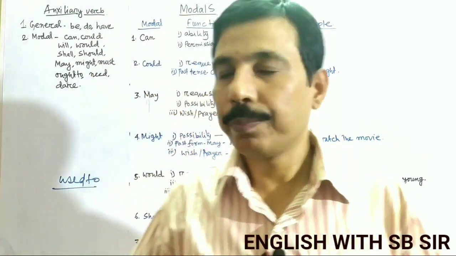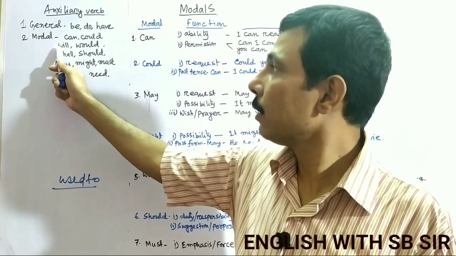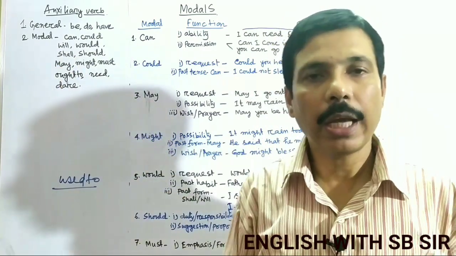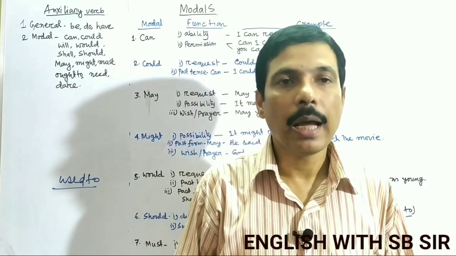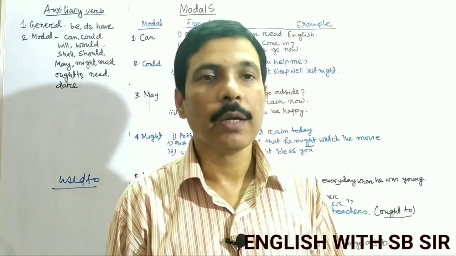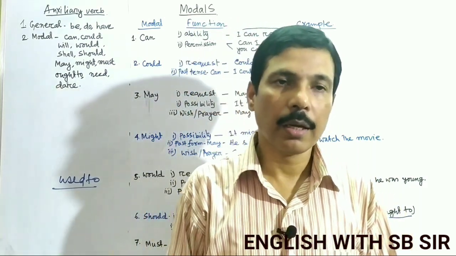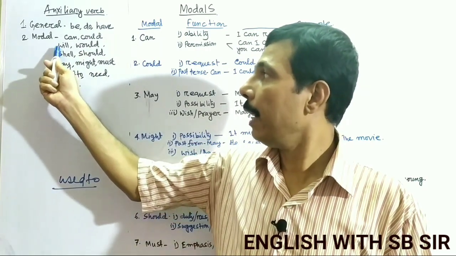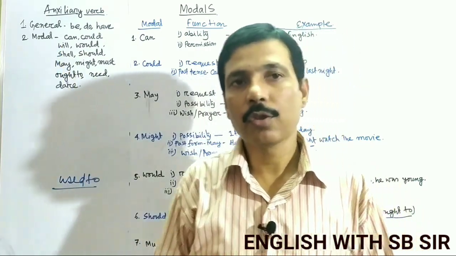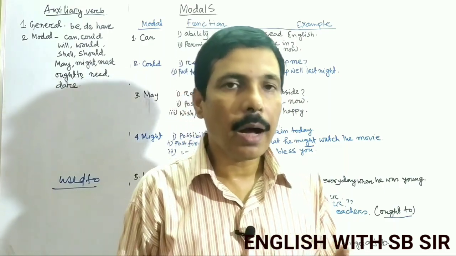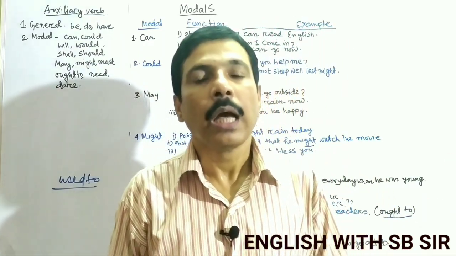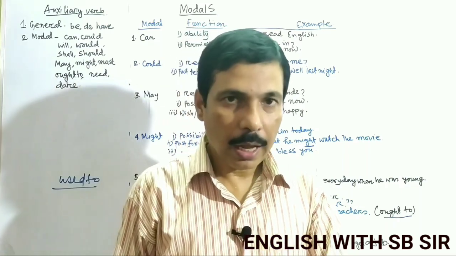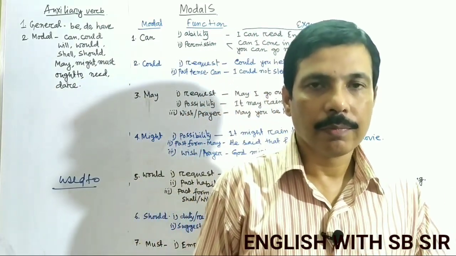Again, there are two more modals here, shall and will. Shall and will both express futurity. That means what will happen in the future. To express a future action, we use shall and will. You have already learned it. So shall is used after I and we: we shall go tomorrow, I shall read the novel.